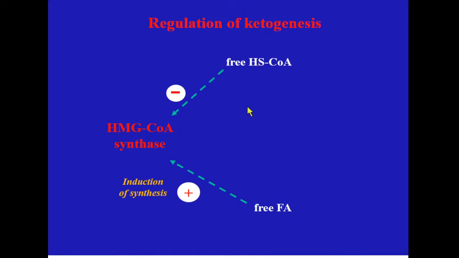But free fatty acids, which are released in the processes of lipolysis from adipose tissue, go to the peripheral tissues, including liver. And free fatty acids are inducers of the synthesis of HMG coenzyme A synthase.